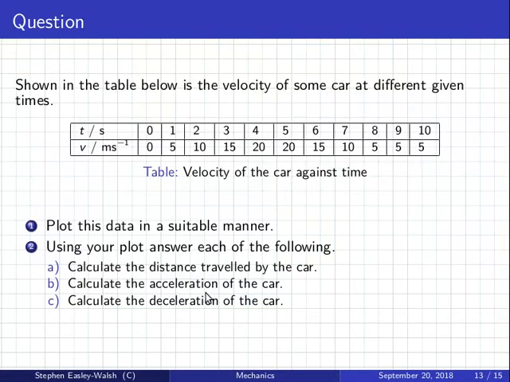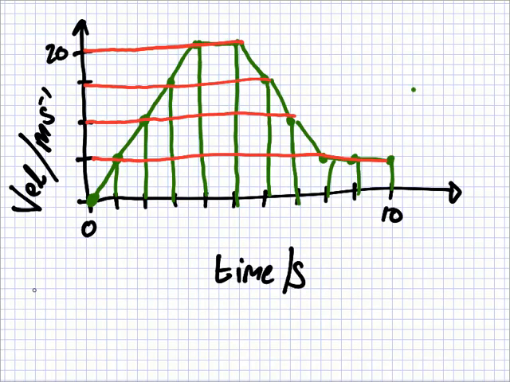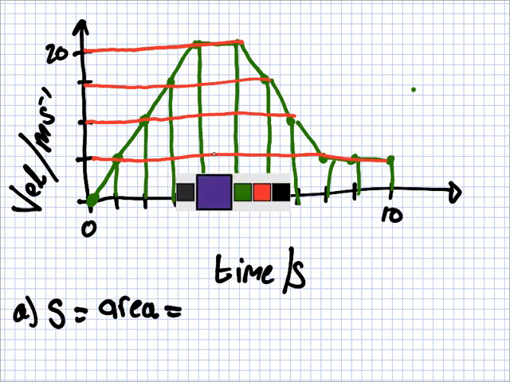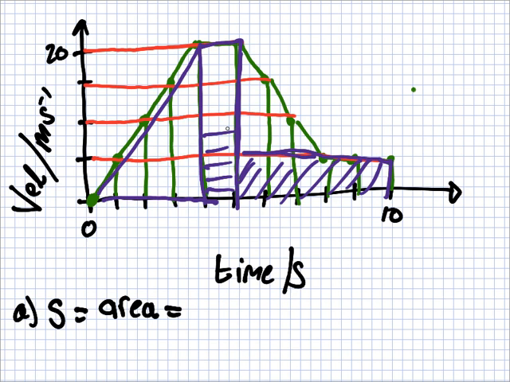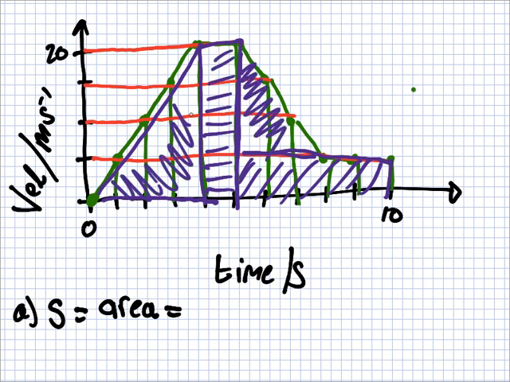What is the distance, the acceleration, and the deceleration? Okay, so first part. How do I get the distance? Well, that's equal to the area. So how many shapes have I got here? Well, I think if I look at it, I've got a triangle, a rectangle, a triangle. So, a triangle here, a rectangle here, and a triangle here.